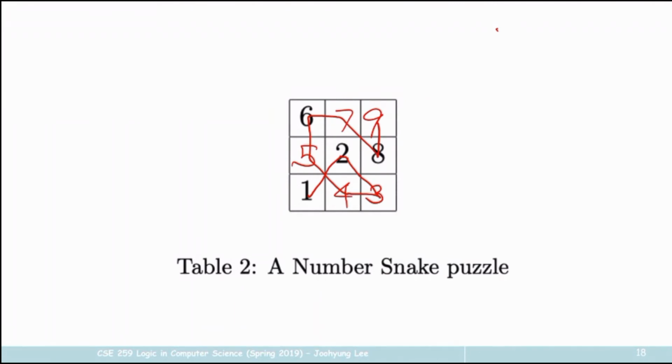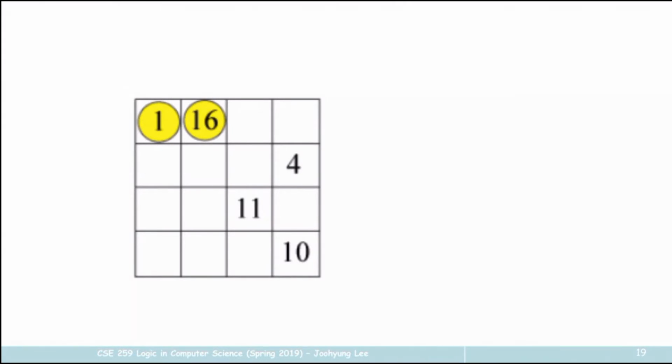Now, the participation credit problem. What about this one? This is now 4 by 4. I'll give you 2 minutes to think about. Well, anyone can raise hand if you got it.